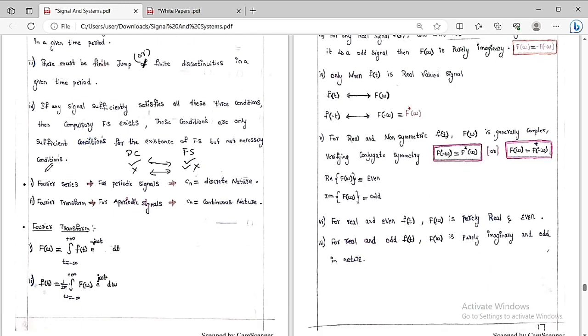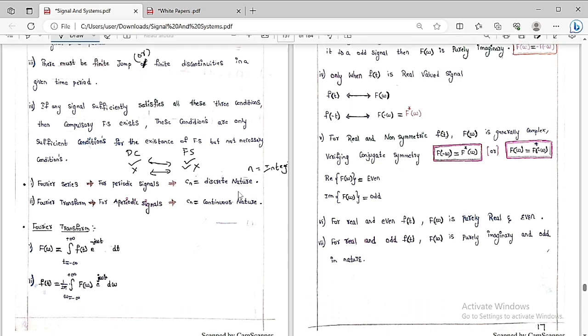The next point is that the Fourier series is applicable for only periodic signals, and we are going to get Cn in a discrete nature. Why? It is because here n is only an integer in the case of the Fourier series. In the case of the Fourier series, we have the Fourier series coefficient which is defined for only discrete values of n. n is an integer. That is the reason we say Cn is discrete in nature.